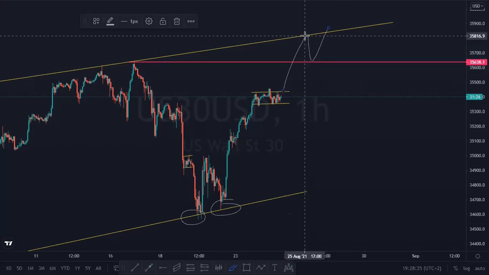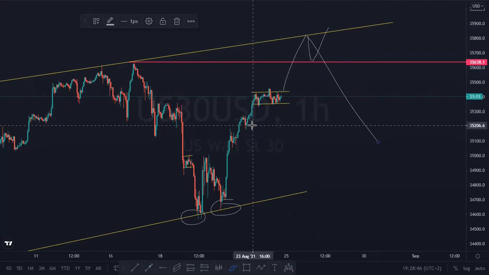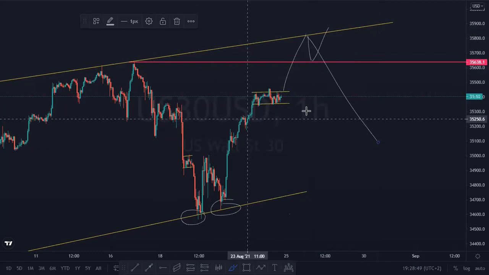Or from here, the market can just push down straight. Anything is possible, guys. But what's going to determine it are the candlesticks by that time. The candlesticks are the ones that are going to tell us what is happening.